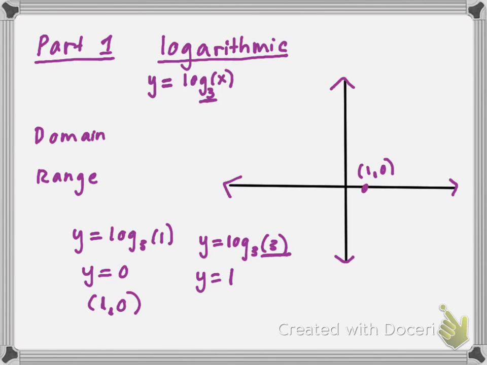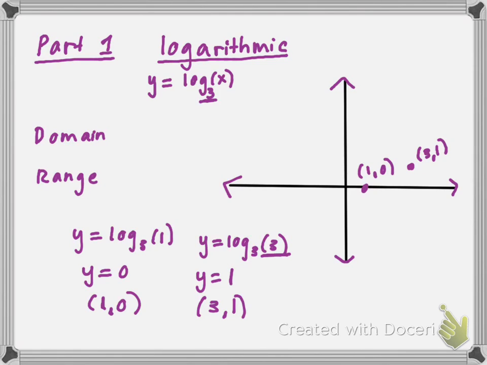So 3 raised to the power of 1 is equal to 3, therefore y is 1, and our point becomes (3, 1). So that's another key point here. So it goes about there, and we'll label it (3, 1).